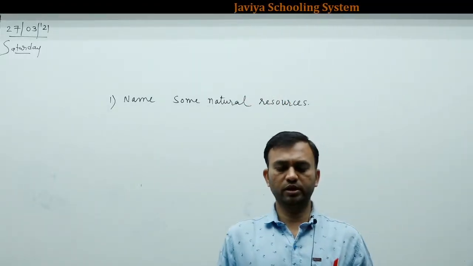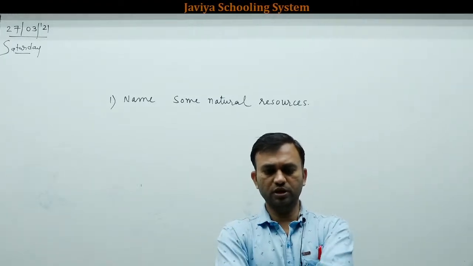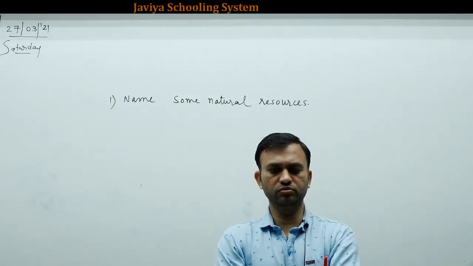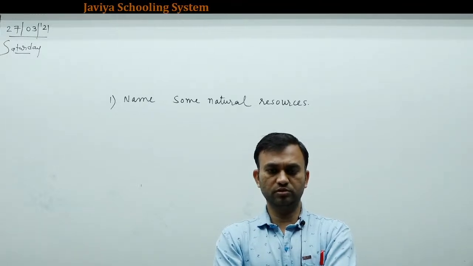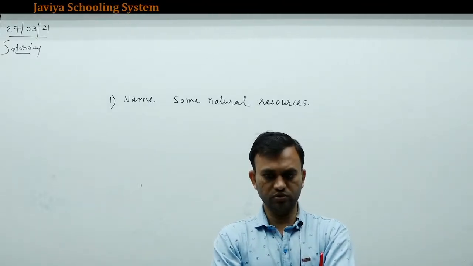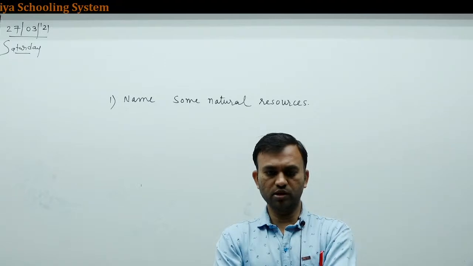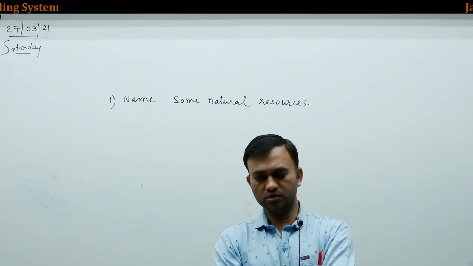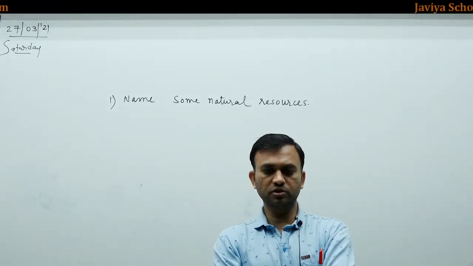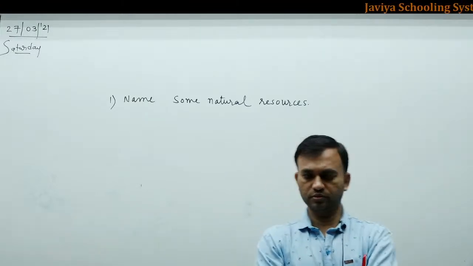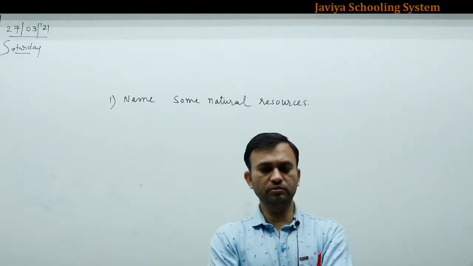Okay, right. Water, that's good. Wind, that's good. Sunlight, very good. Mountain, right. Air, very good. Clouds, forests. So these are some examples of the natural resources. And soil is one of them.